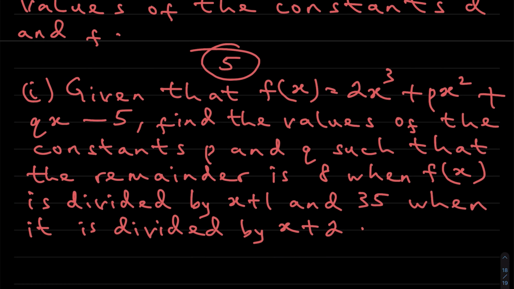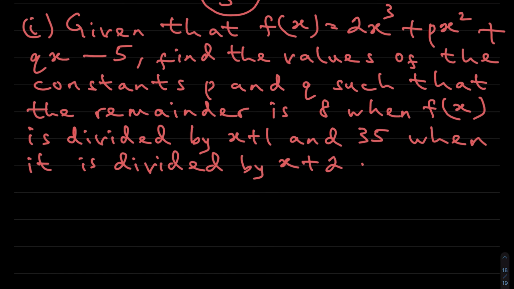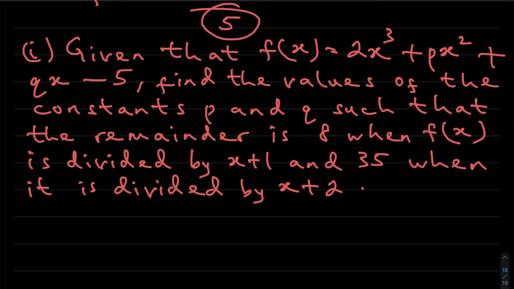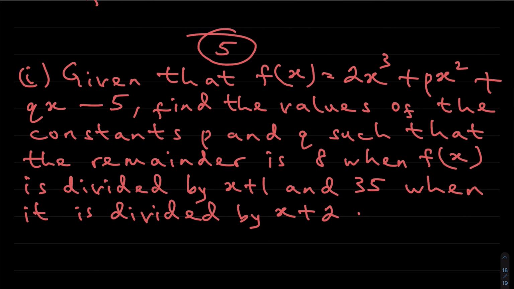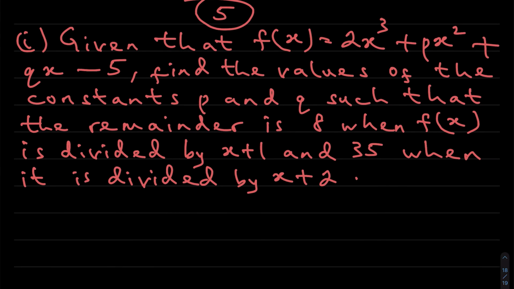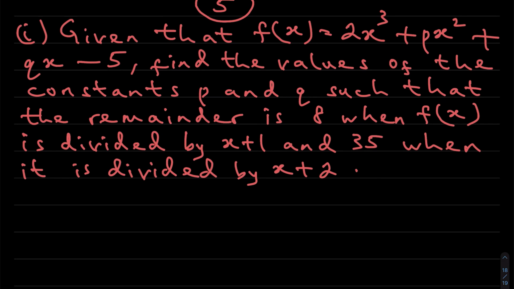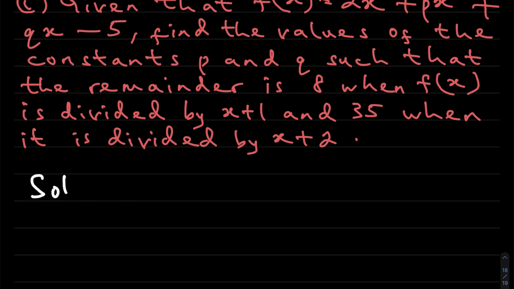Now, given that f of x equals 2x cubed plus px squared plus qx minus 5, find the values of the constants p and q such that the remainder is 8 when f of x is divided by x plus 1 and 35 when it's divided by x plus 2. Oh, this is simple. Let's go to it.